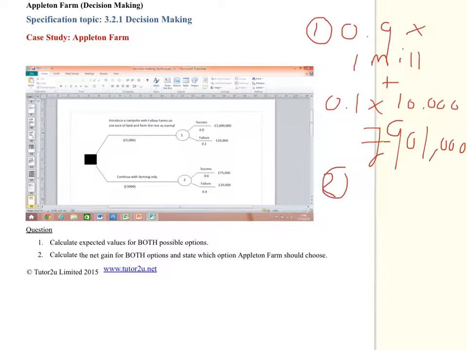Then we need to do the same, because it's asking for both, for the second choice, which is to continue with farming only. So we would do 0.6, so a 60% chance of the increase being 75,000. Put a K for 1,000, plus 0.4 times 20,000.